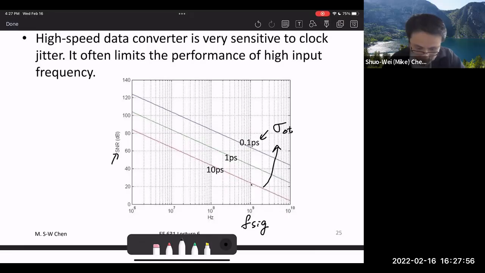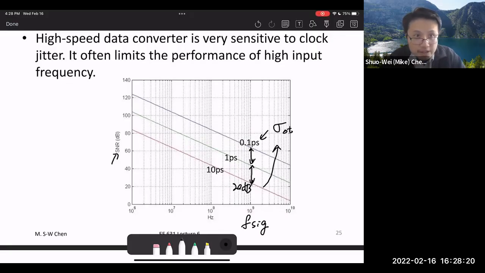Do you see the gap here, the gap there? It's 20 dB, basically from that equation. So every time you improve by 10 times, that gives you 20 dB more signal to noise ratio. That's on the vertical.